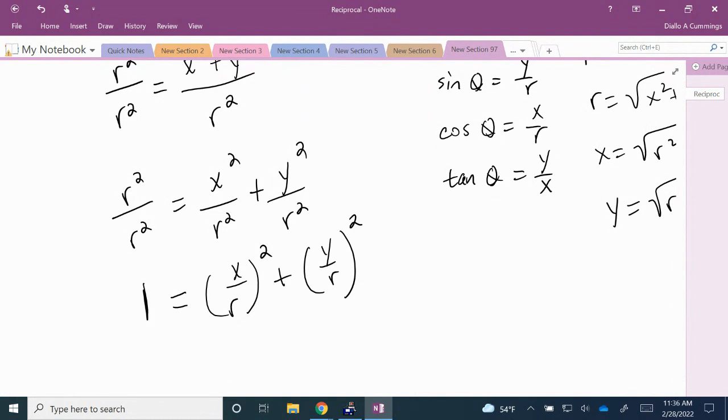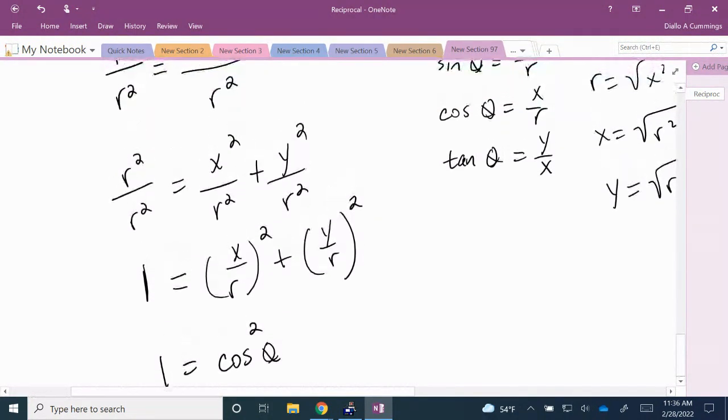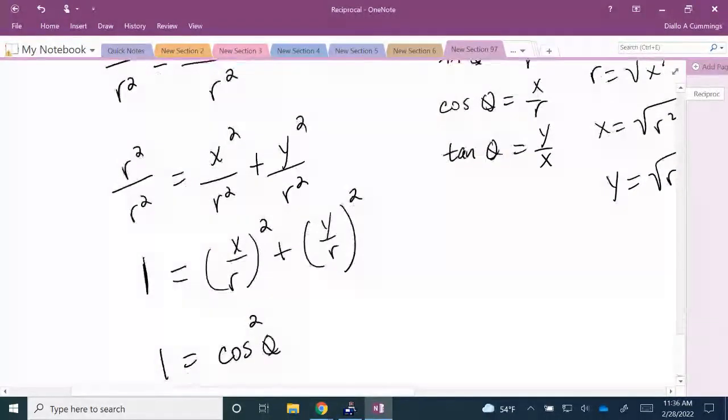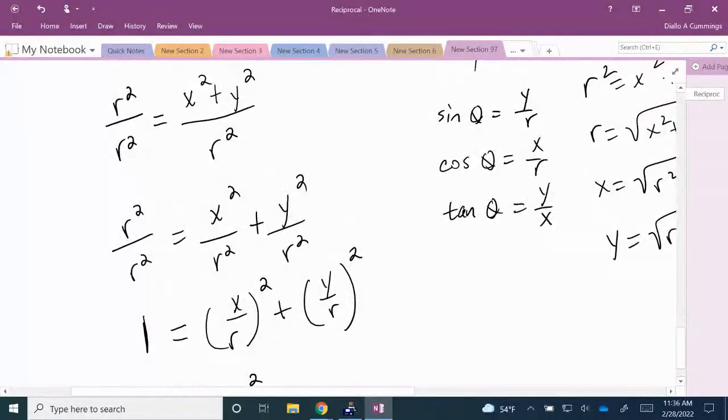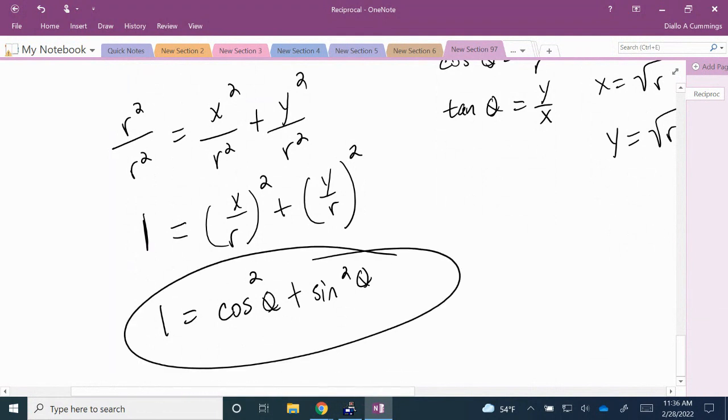Looking back at our relationships, x divided by r is cosine, so I have 1 is equal to cosine squared theta. Looking back at our formulas, y over r is sine, squared. And out pops that first Pythagorean identity: cosine squared plus sine squared is equal to 1.